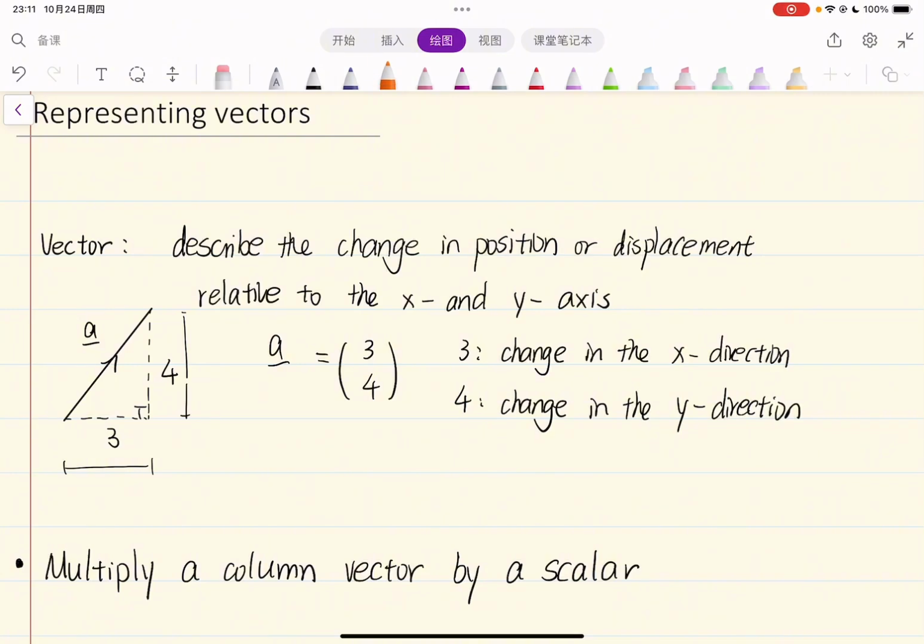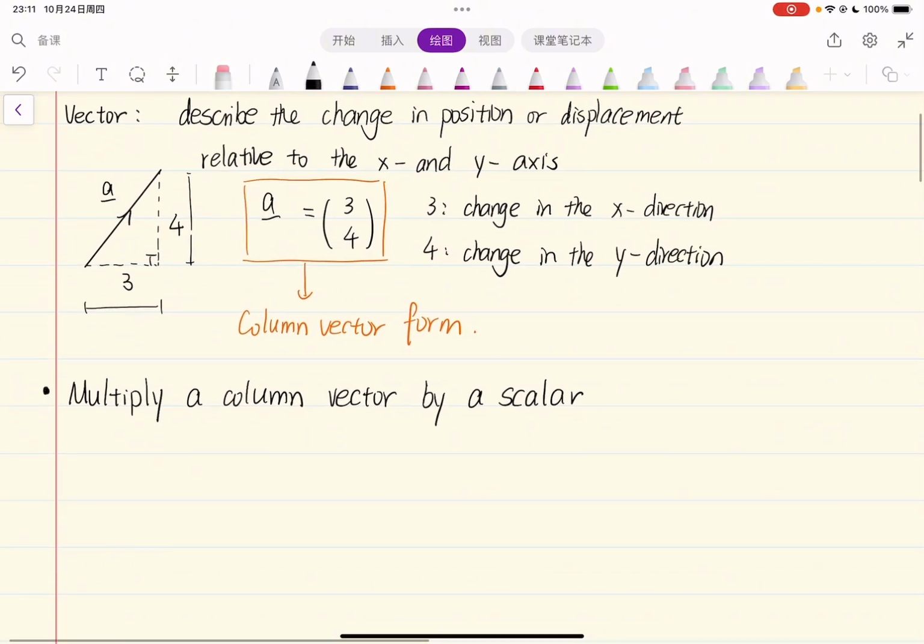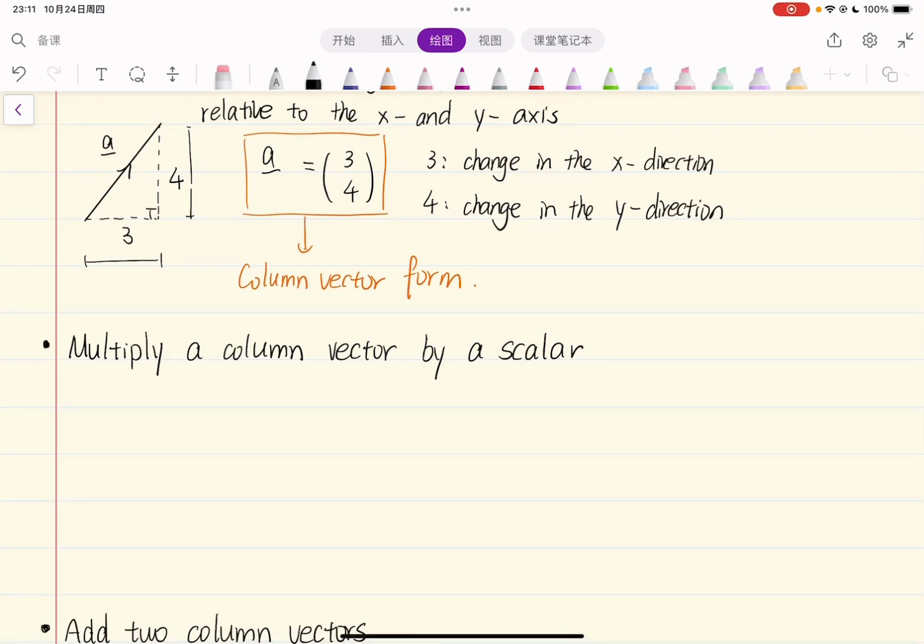For this type of vector A, we call that a column vector form. If we multiply a column vector by a scalar, let's say lambda times (p, q), that equals (lambda p, lambda q).